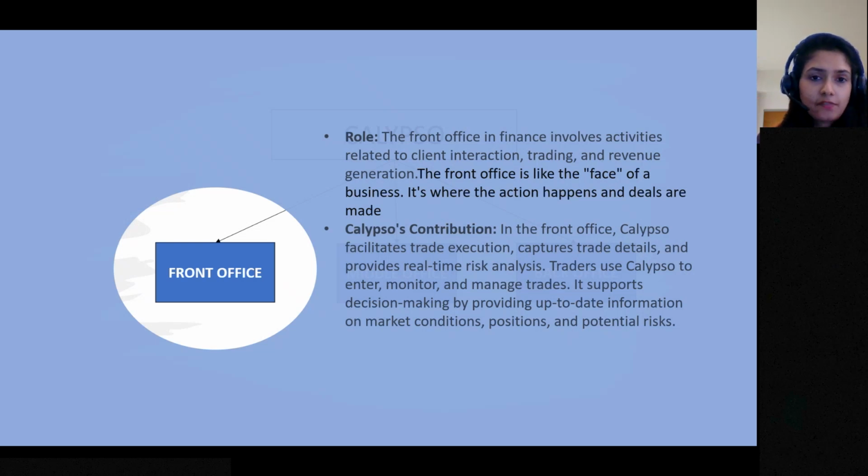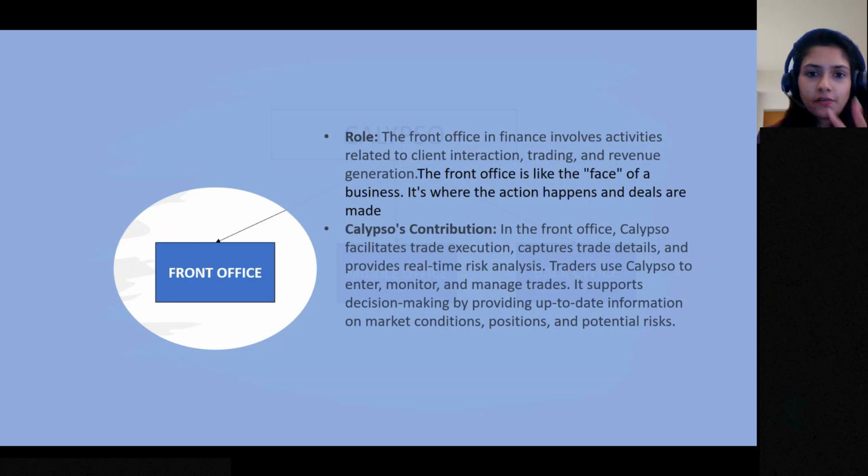So it will act as the face of the business. It will take your order. It will interact; that is client interaction when it comes to Calypso. And it will tell you the prices of the bakery products that they have. Then you have to decide whether to buy this particular product or go to the next bakery. Front office in Calypso acts the same way.